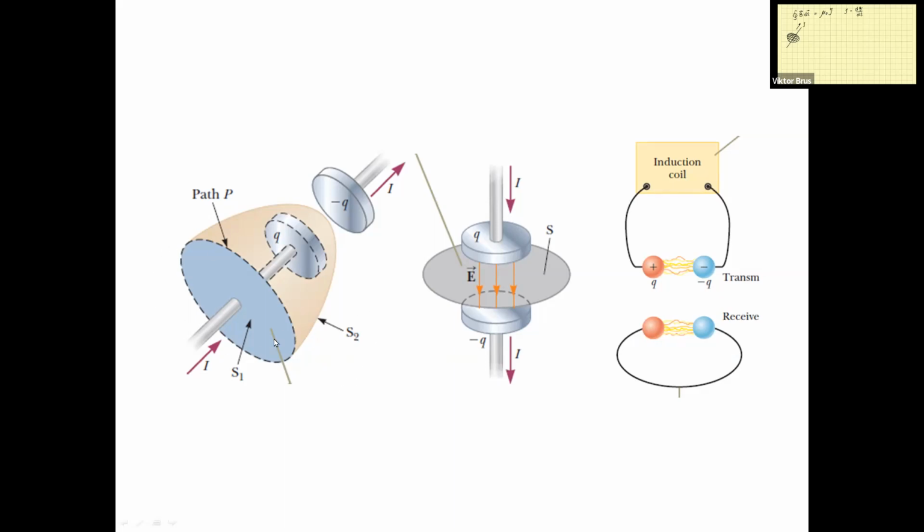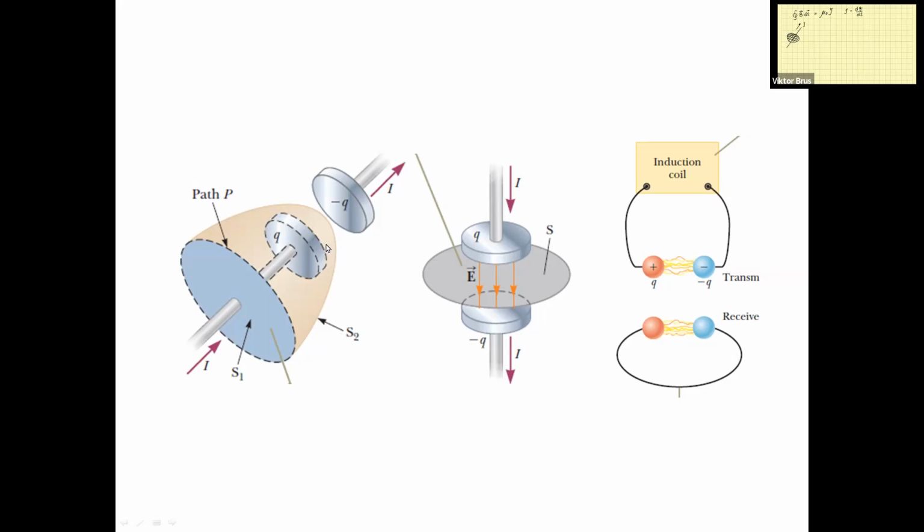However, considering two surfaces associated with the same closed path, we get totally different results. And it provides some discontinuity of electric current, which should not be the case.